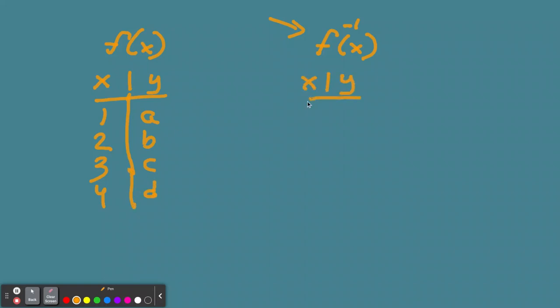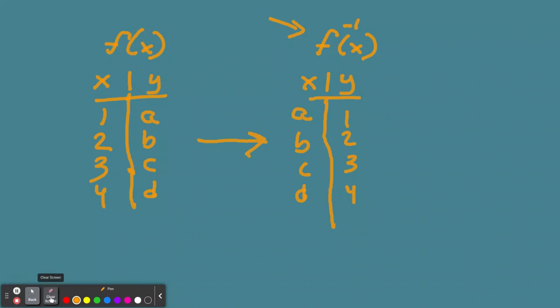So let's say we had x and y, and we had 1, 2, 3, and 4, and we had a, b, c, and d, for example. Well, when we reverse this with the inverse function, we're going to reverse what x and y are. So now x would be a, b, c, and d, and y would be 1, 2, 3, and 4. So we're going to go from here to there. And we'll look at that with some questions.